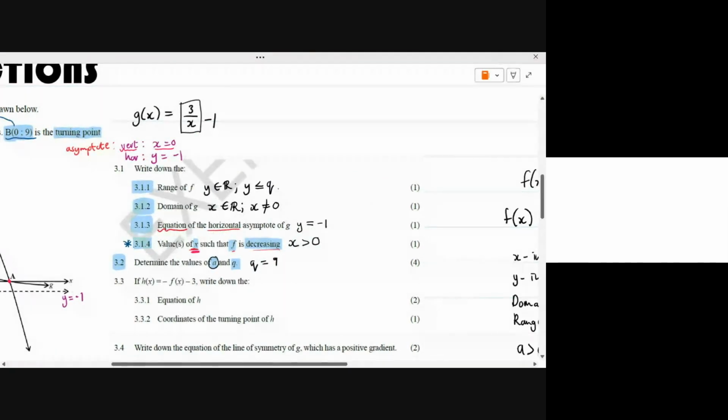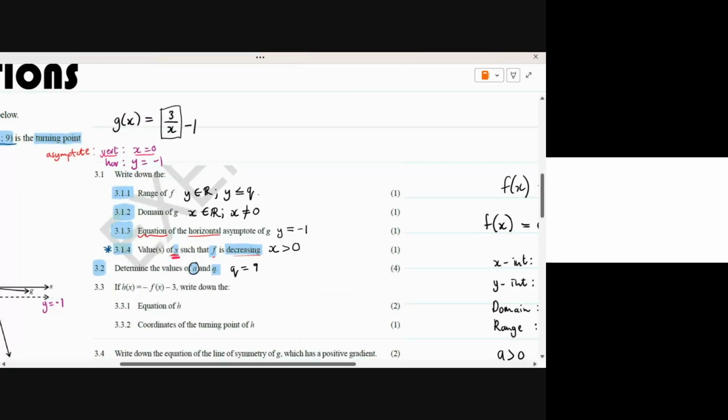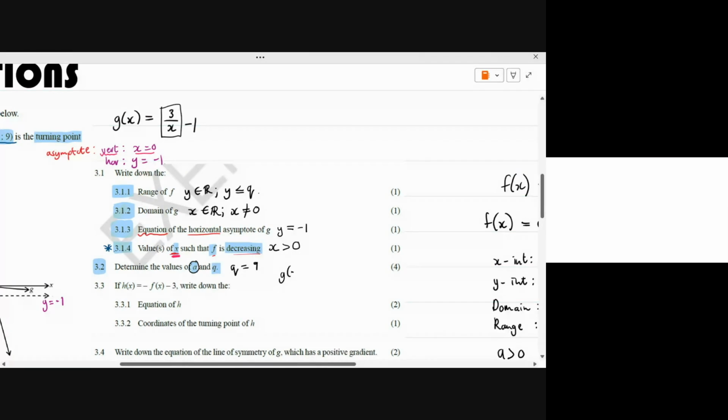Right. So let's write it out. We've got g of x is equal to 3 over x minus 1. And we know that we want to find the x-intercept. So x-intercept, y equals 0. And we can replace the whole of g of x with y.